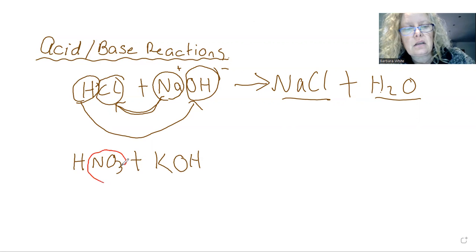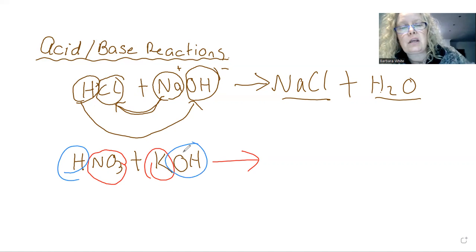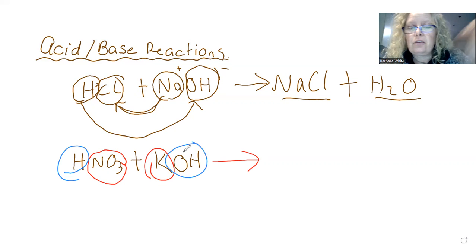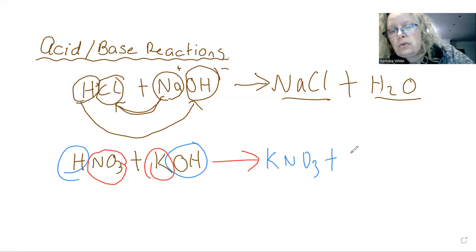So this anion is going to go with this cation over here to make a salt, and the hydrogen and the OH are going to make water. So KNO3, and of course you've got to go to your charges and know that K is +1 and NO3 is -1. So that's KNO3 plus H2O.